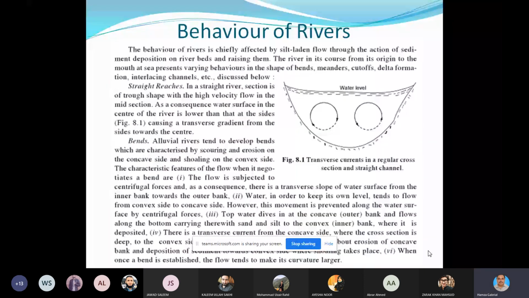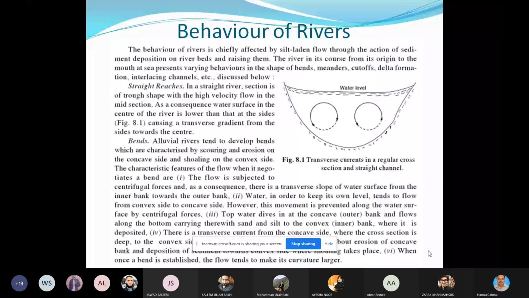So now coming to the behavior of rivers. We have seen that the river exhibits different patterns while flowing from upstream toward downstream. So what causes these different types of behavior, making the river form those different patterns?